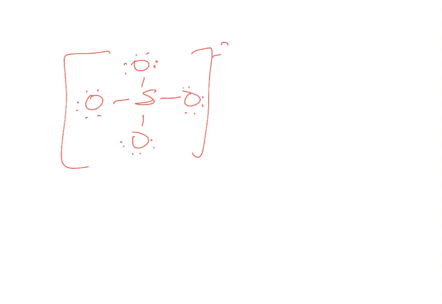So we started out with this Lewis dot structure, and I haven't forgotten that it has a charge of -2, so we would have to show this just to be accurate. All right, and I'm going to minimize formal charge by introducing a double bond. So I'm going to take one of the lone pairs on one of the oxygens and use it to make a double bond.